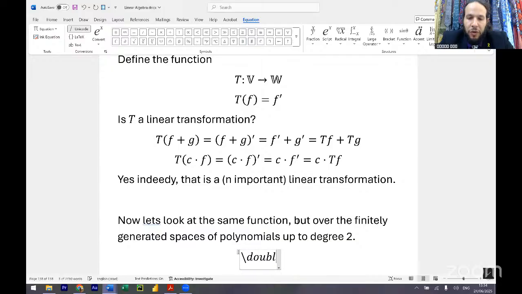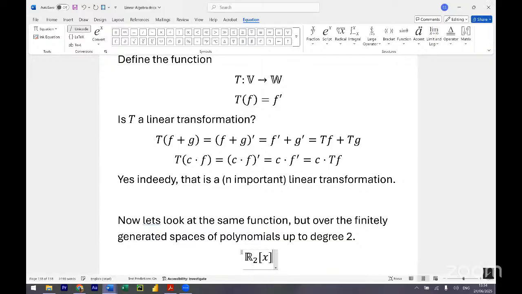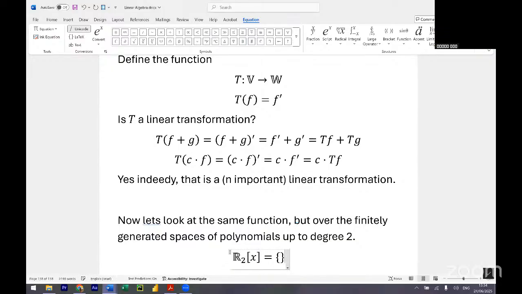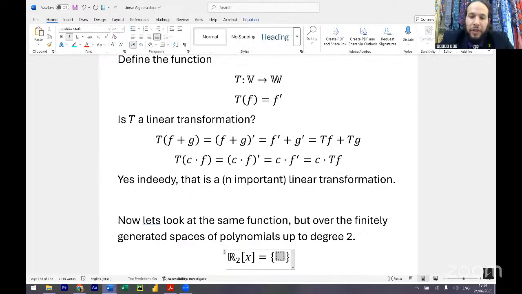Okay. So R2[x] is the set of all polynomials up to degree 2. Why do I say up to and not exactly of degree 2?